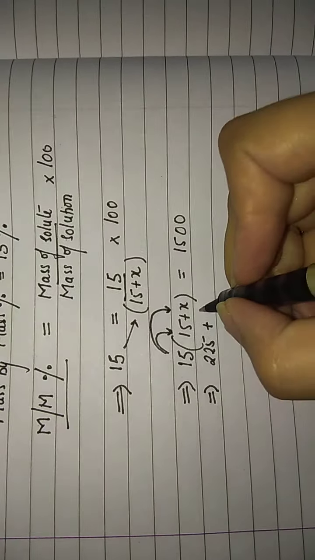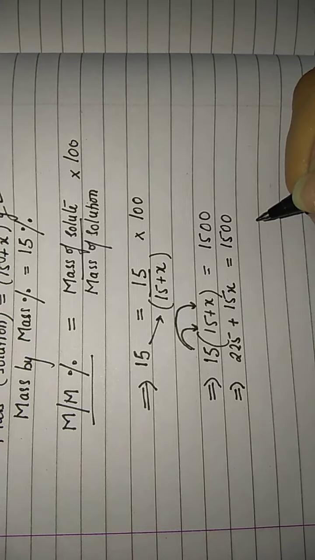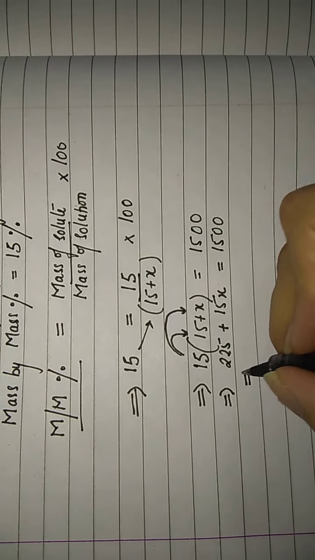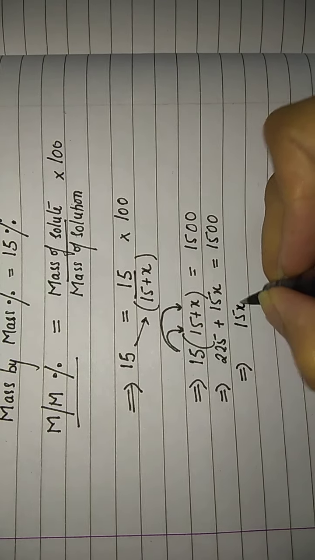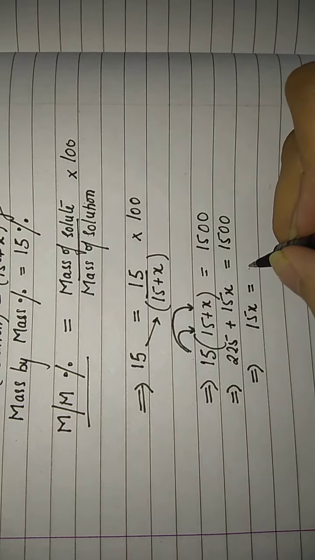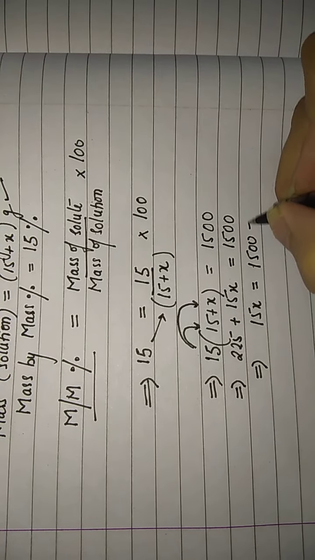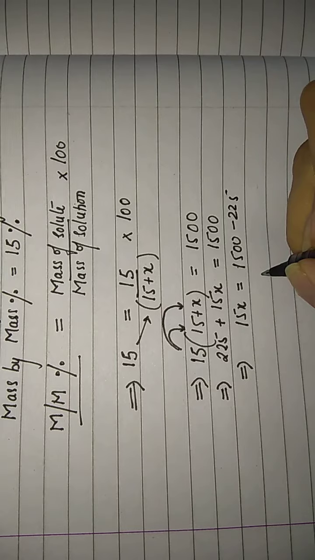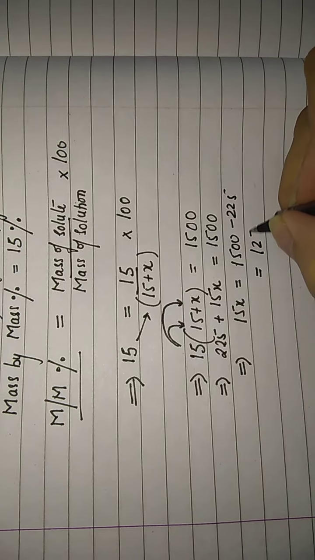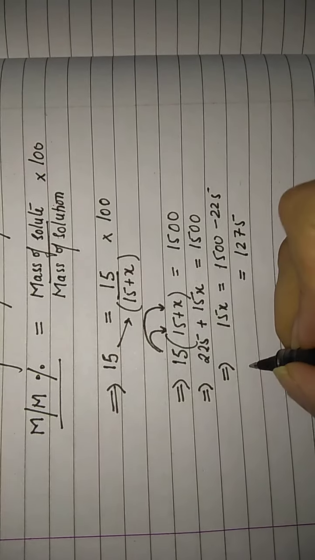15x is equal to 1500, right? So it will be 15x. Taking this on the right hand side, I will get 1500 minus 225, which is equal to 1275. Okay.